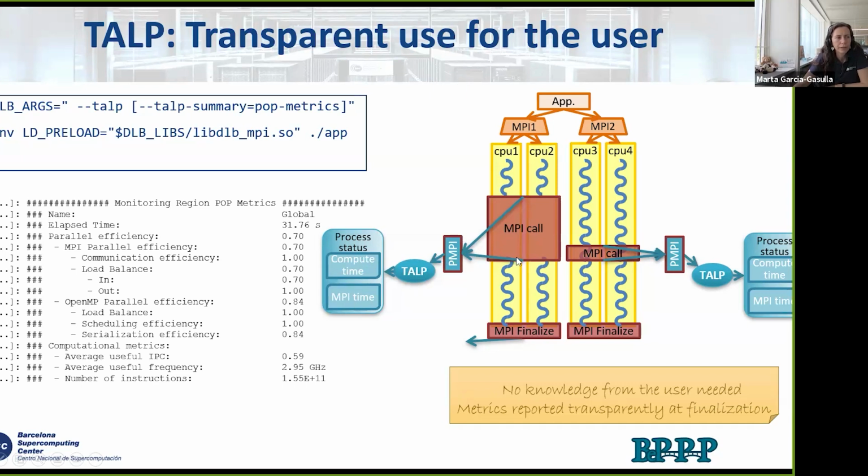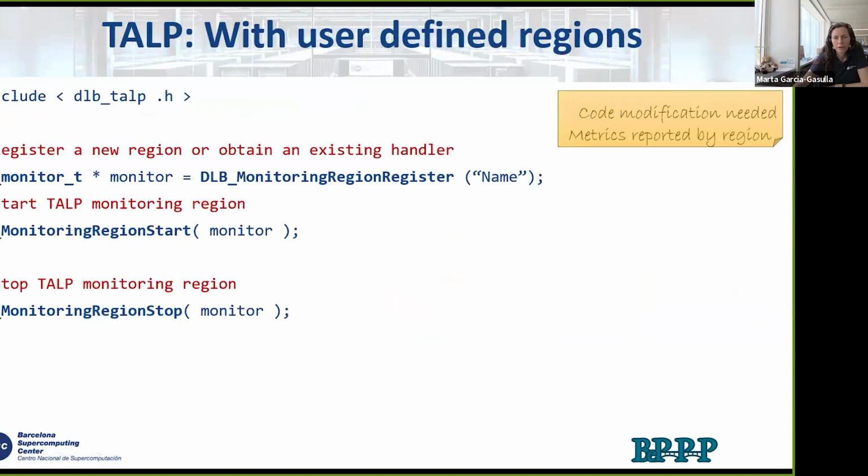So every time I enter and exit an MPI call, I record how much time I spent inside the MPI call or doing computation. With this, at the end, with some formulas, I am able to provide the metrics. You can also get the raw data, which will be the data that we collect here. But for the regular user, what is interesting is this, to obtain the information on how your execution was. This is the most basic case.